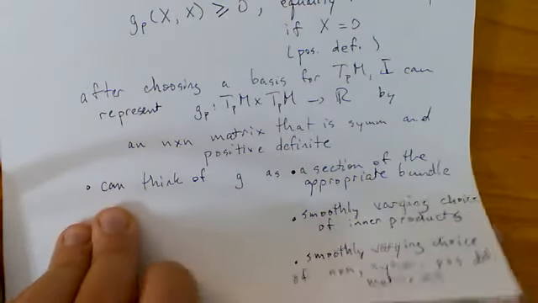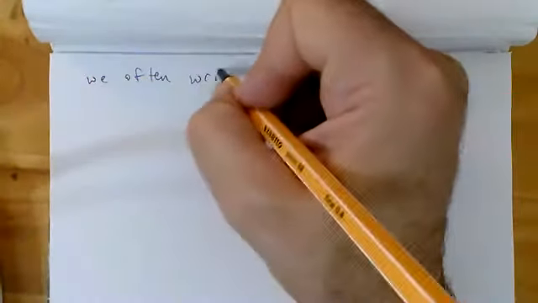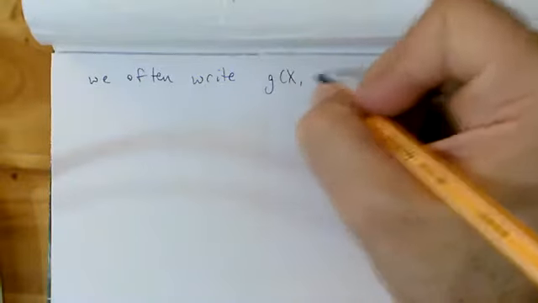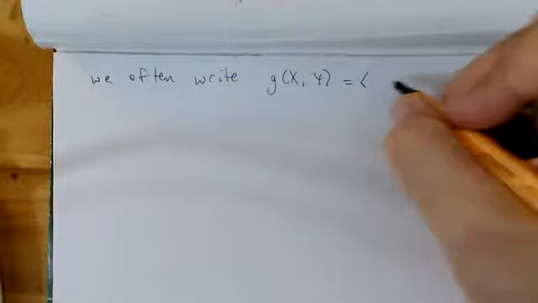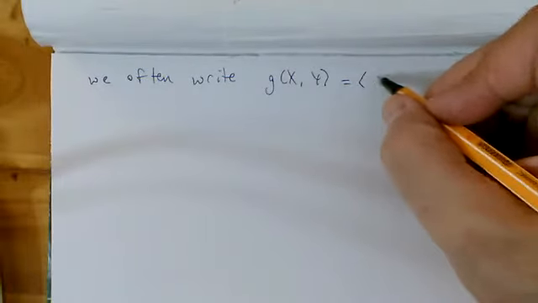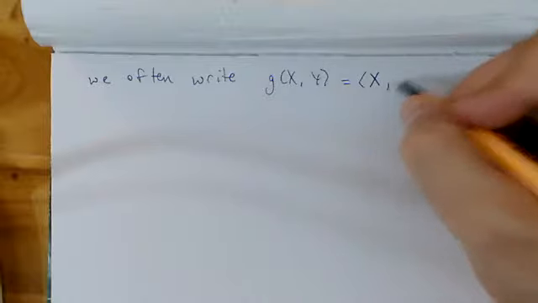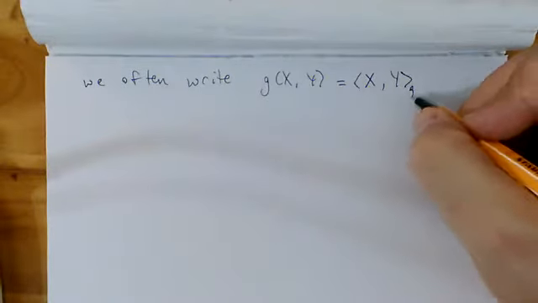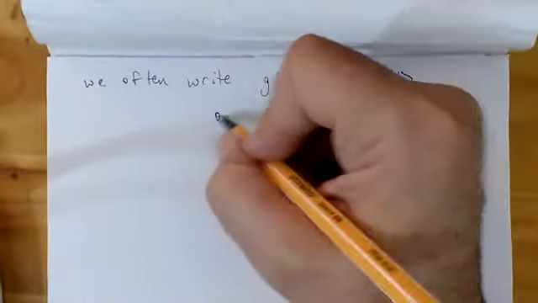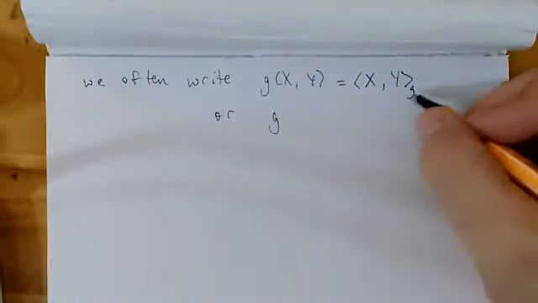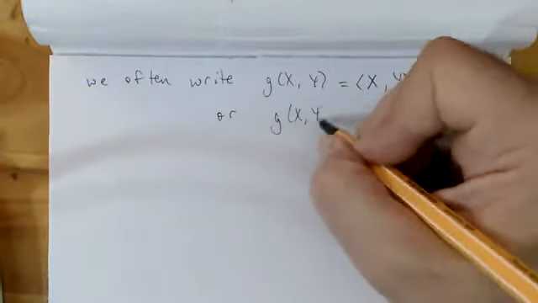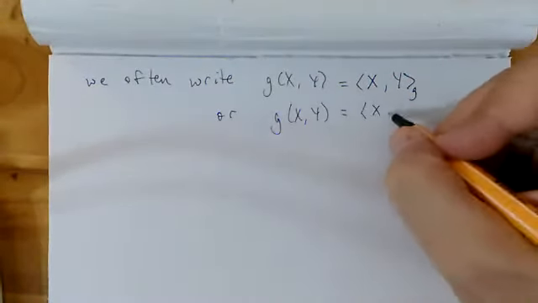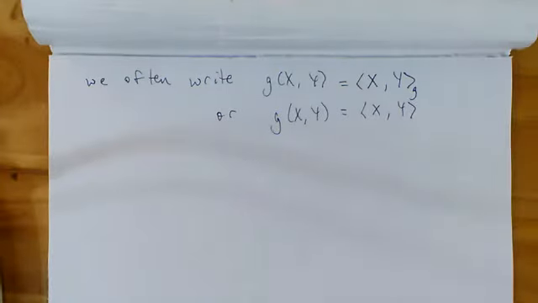What is a Riemannian metric telling you? And I'm going to actually begin to write this. So we often write this g, this Riemannian metric, with angle brackets like this. And when the choice of metric is clear from the context, we'll often omit the subscript.